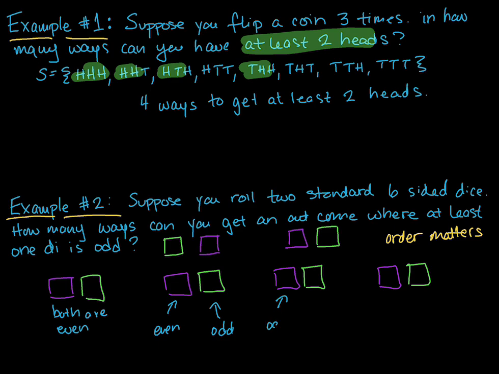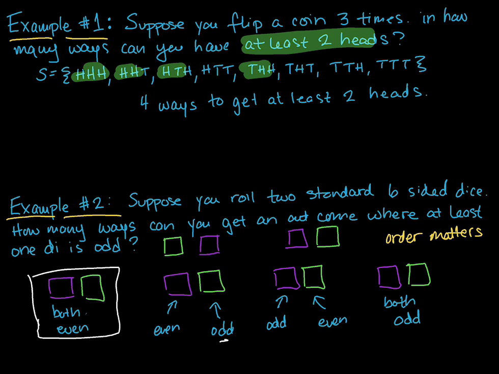And this one's odd and this one's even. And here they are both odd. So how do we figure this out? Well, the first case is not what we're looking for, right? We don't want the cases when they're both even. We want the other ones where at least one is odd: either the green one's odd, the purple one's odd, or they're both odd.